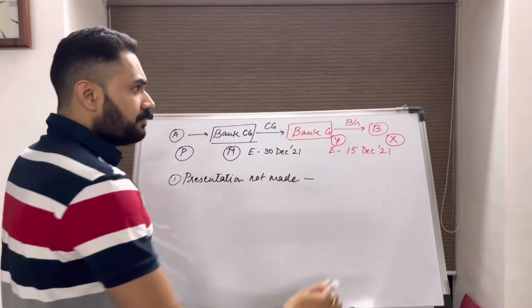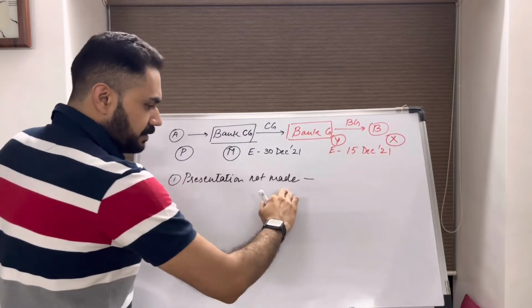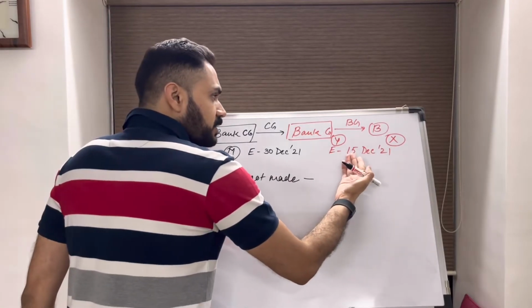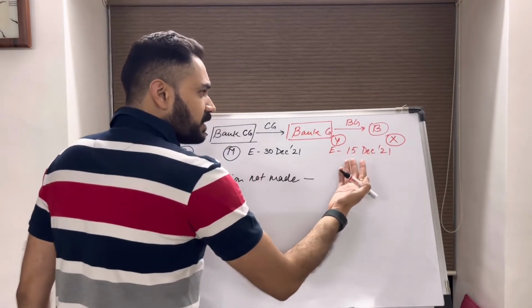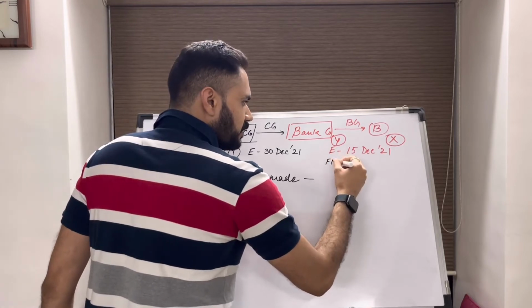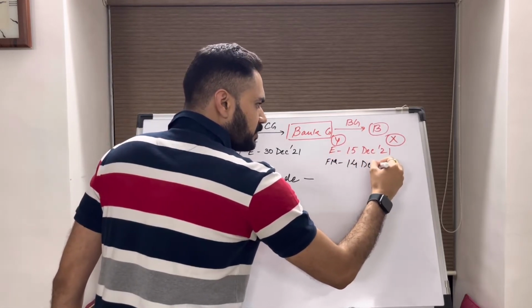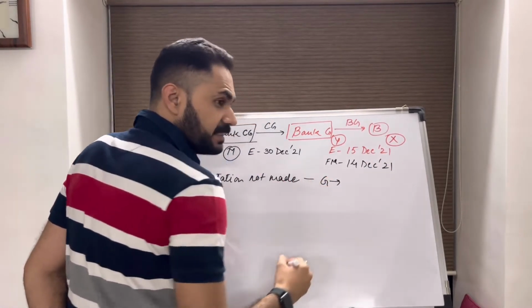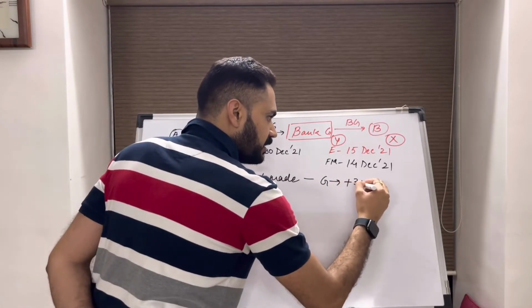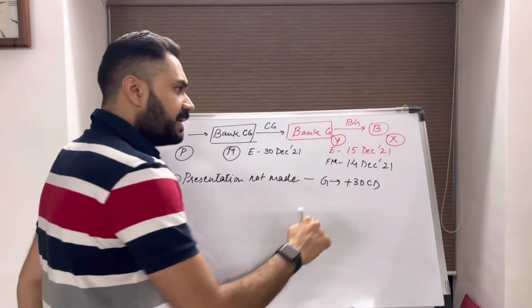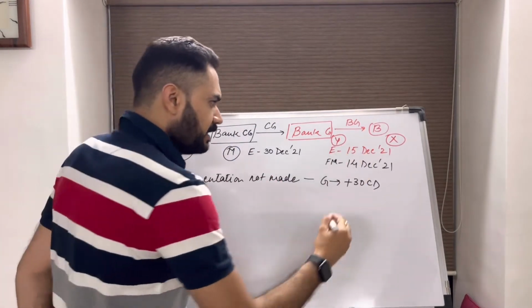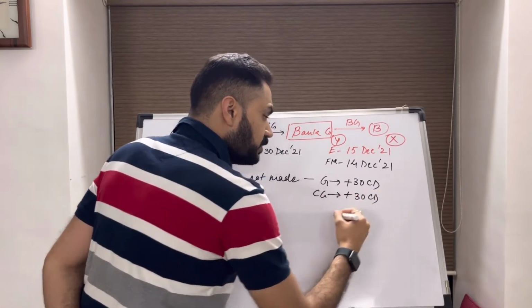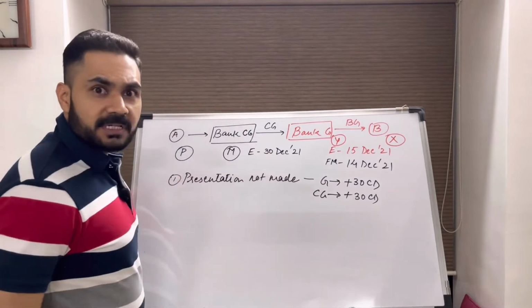In this particular case, if the presentation is not made and force majeure happens before the expiry date, so suppose the force majeure happens on 14th of December, then the guarantee will be extended for 30 calendar days from the date of this expiry date, and the counter guarantee will also be extended for 30 calendar days from the date of its original expiry date.